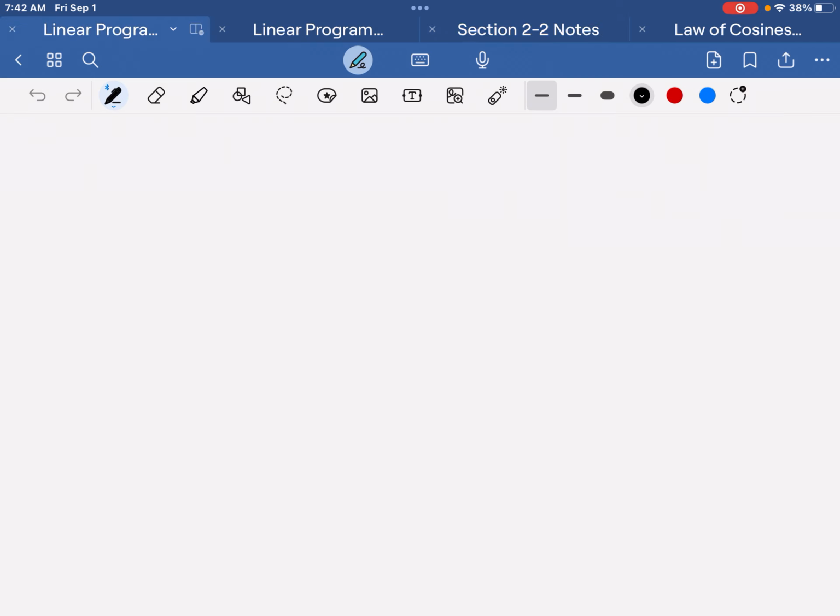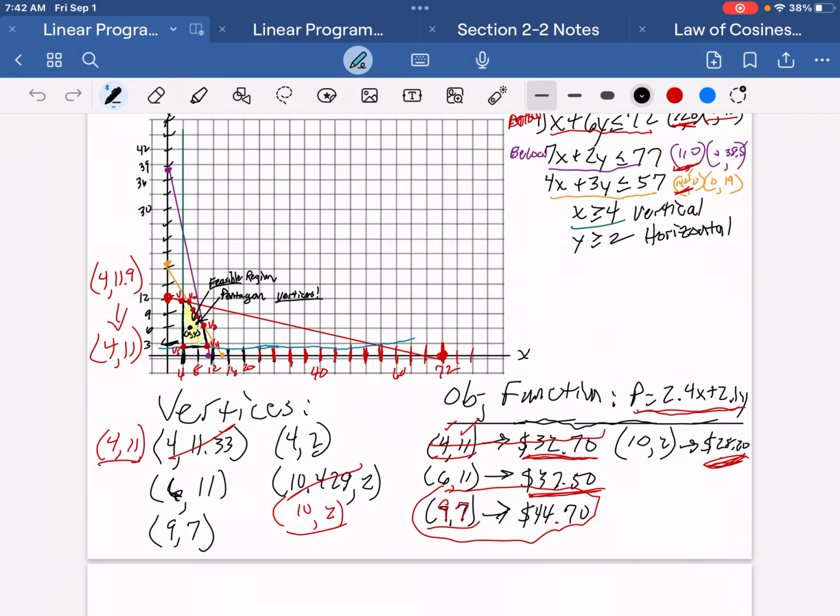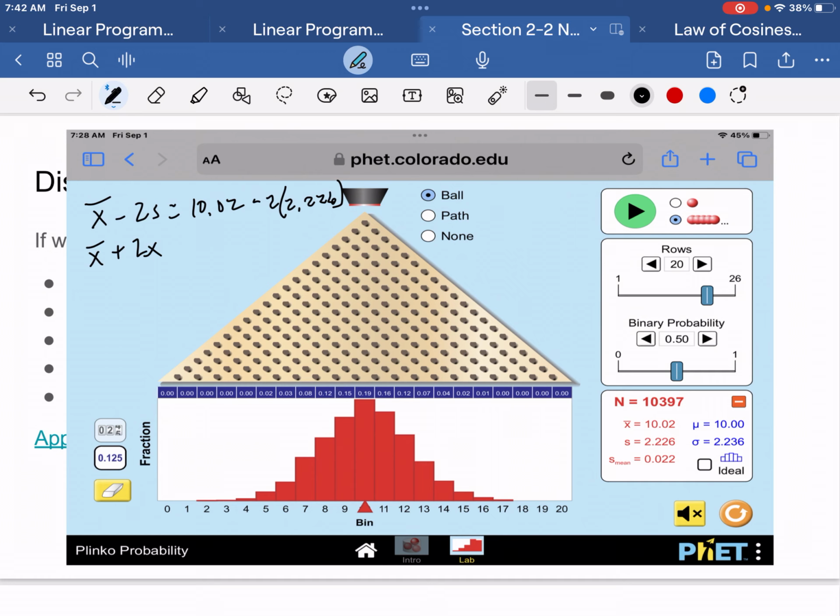That's going to be 10 minus 4-ish, since it's 4.4-ish, so that's going to be like 5 point something. X bar plus 2s is going to be 10.02 plus 2 times 2.226, and that's going to be a little bit over 14 point something.